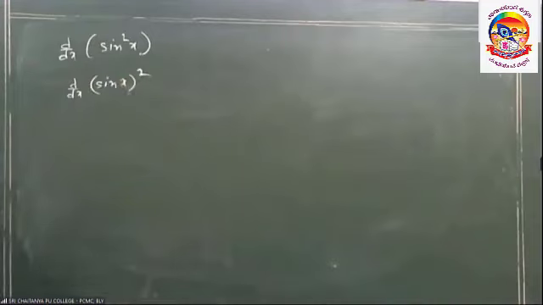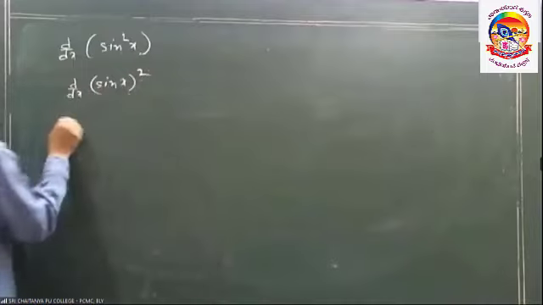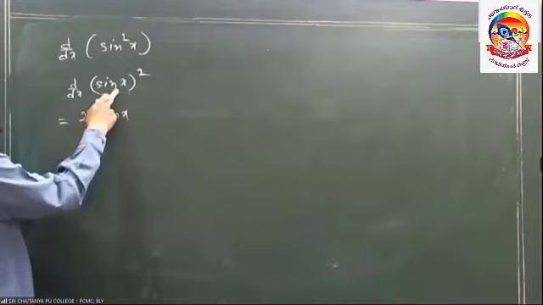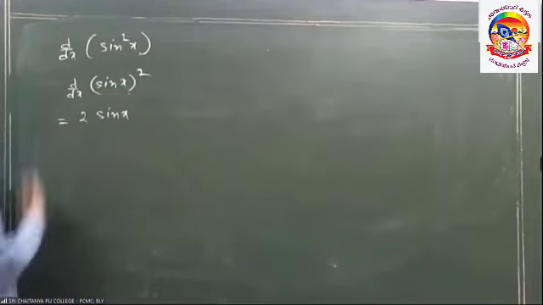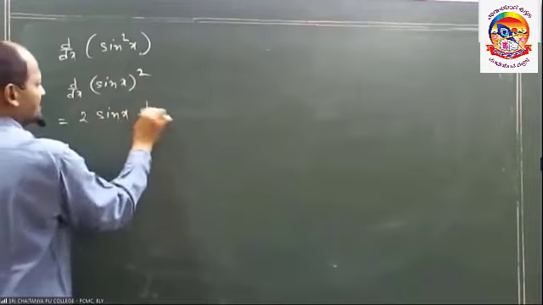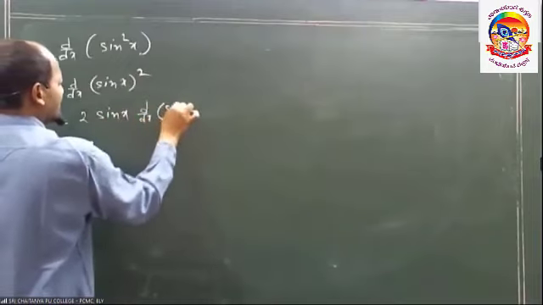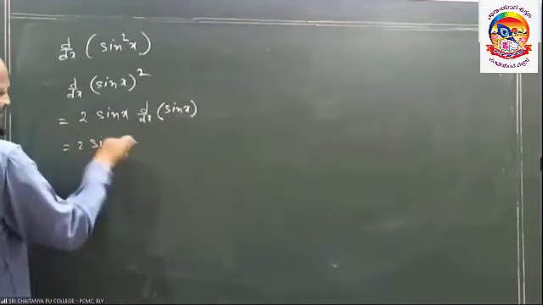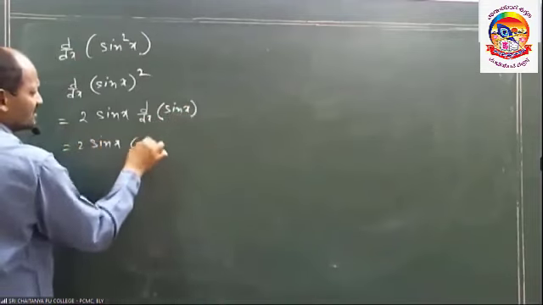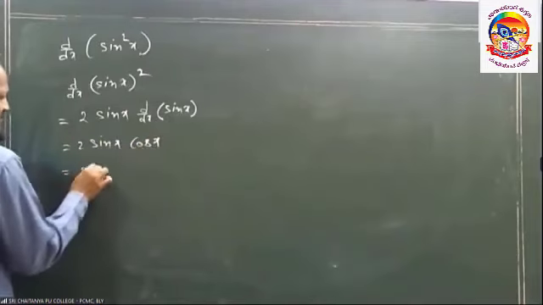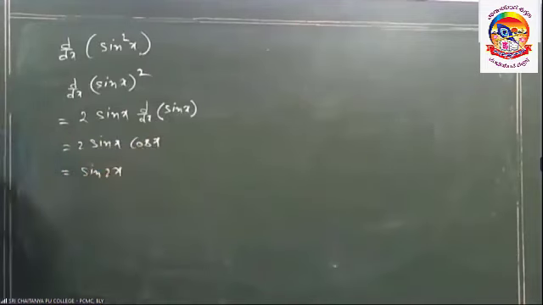The derivative of sin square x is the derivative of sin x whole square. So 2 sin x, this is clearly the x square form, 2x. So for sin x whole square, it is 2 sin x into the derivative of sin x, which is cos x. So 2 sin x cos x is sin 2x.